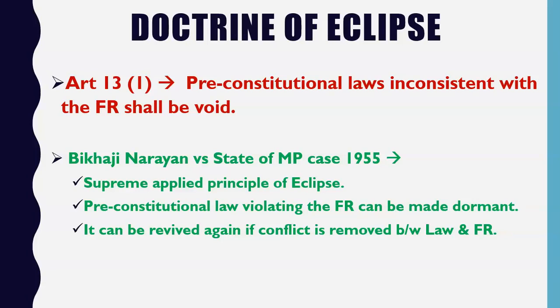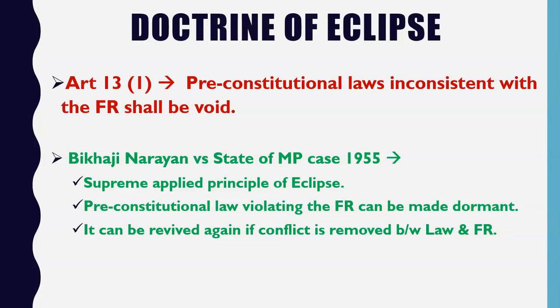The Supreme Court was saying that laws which were made before the commencement of the constitution, when the constitution was not there, were not invalid ab initio, not invalid from the very beginning.